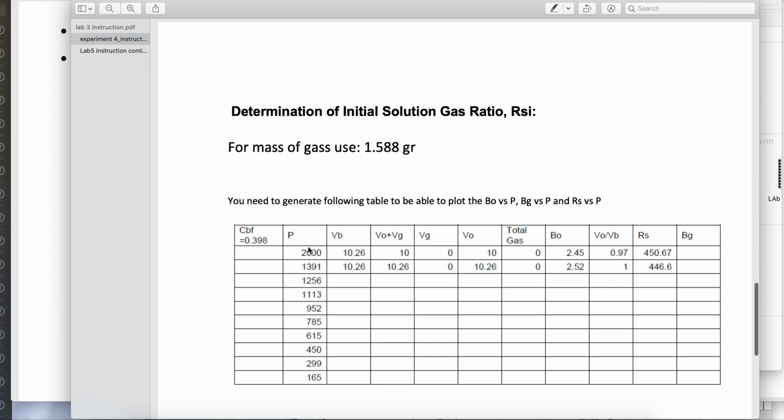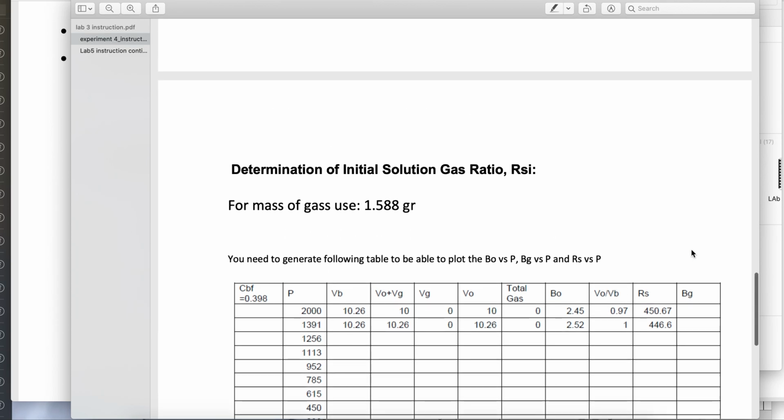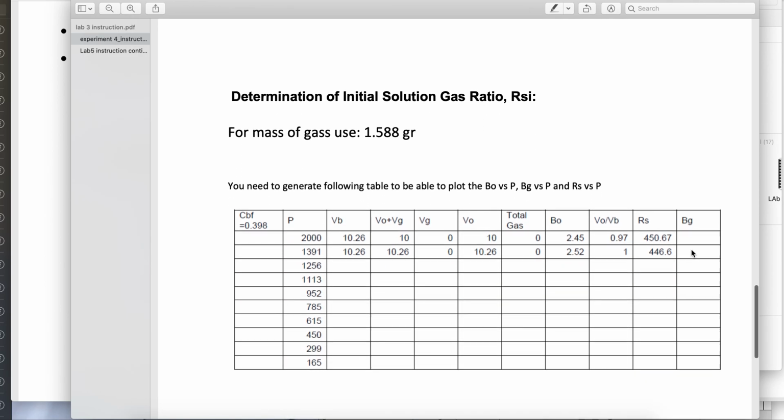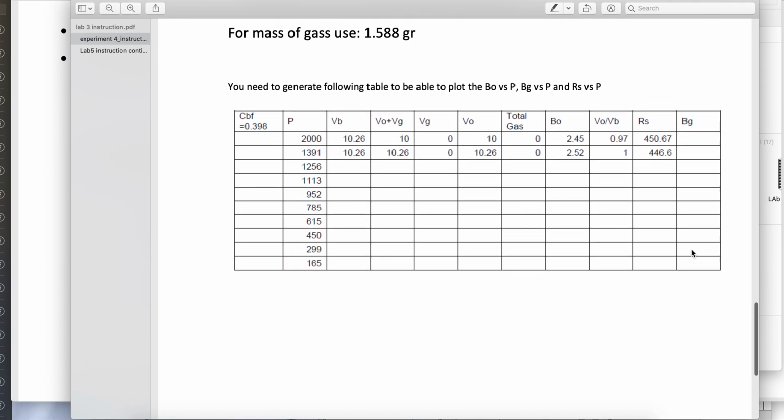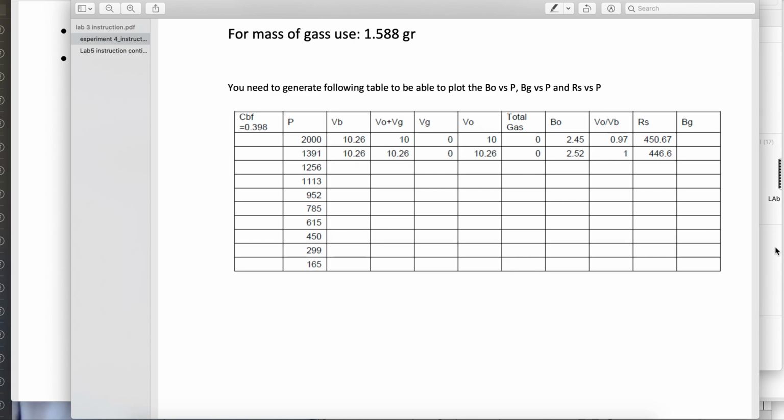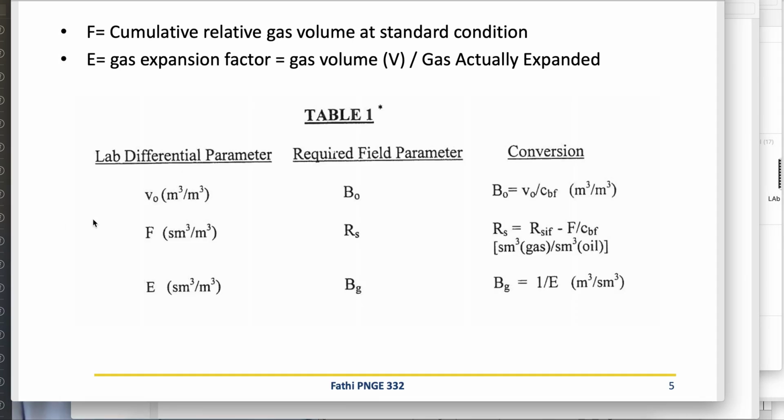So at the end, what I'm going to plot is the BO versus pressure, BG versus pressure, and RS versus pressure. So again, BO was a small VO, which is VO over VB divided by CBF. BG was 1 over E, which we got from the previous table. And RS was basically RSIF minus capital F divided by CBF, okay?